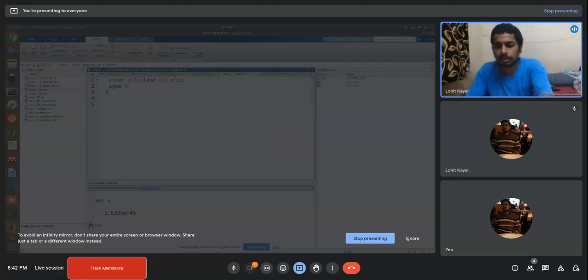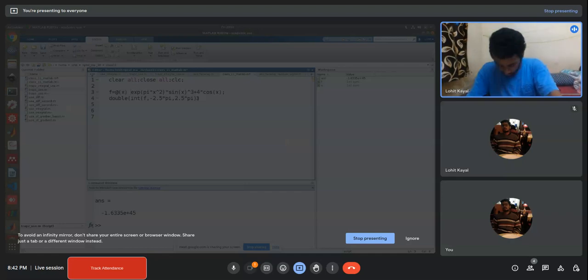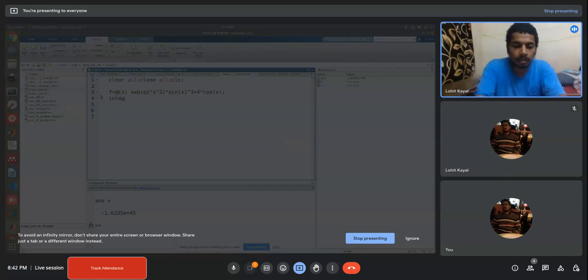Okay, let me just verify if it works for the numerical computation. I do not want to remove this. Just f equal to x exp(pi times x square) into sin(x cube) plus 4 times cos x.